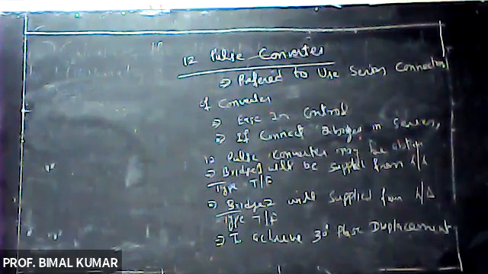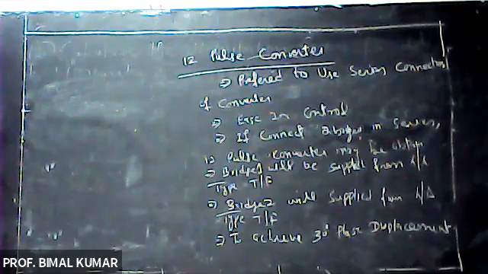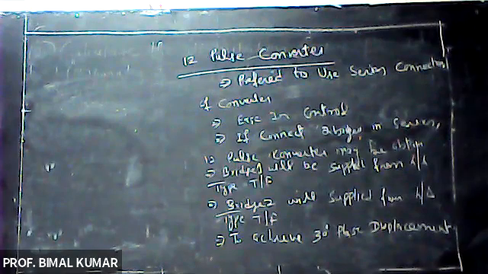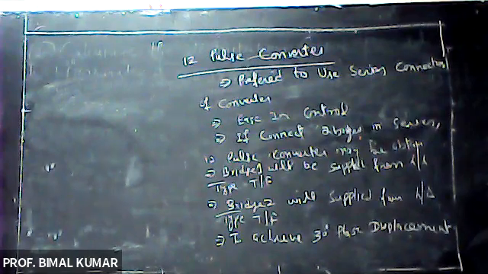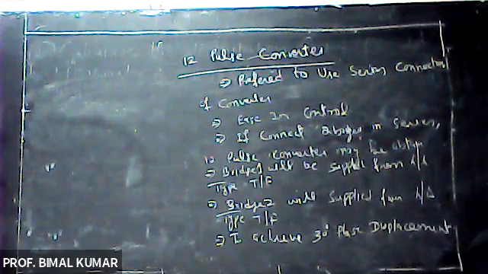Whereas in case of 12 pulse converter, we will be able to achieve 30-degree phase displacement, right?